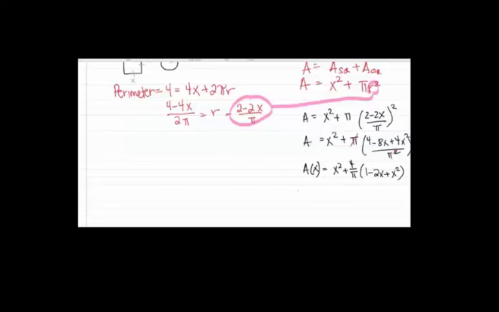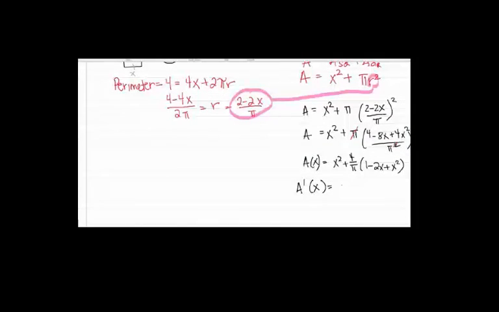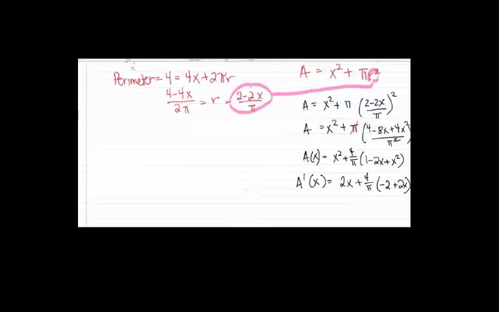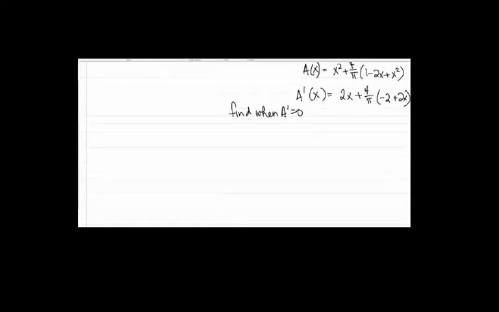So I want to maximize the area, so I'm going to find A prime. So that's 2x plus 4 over pi, because it's constant, the derivative of 1 is 0, so I have negative 2 plus 2x. So I want to find when A prime is 0. Okay, remember, don't set A prime equal to 0. We want to find when A prime is 0. Little technicality. So 2x plus 4 over pi times 2x minus 2.